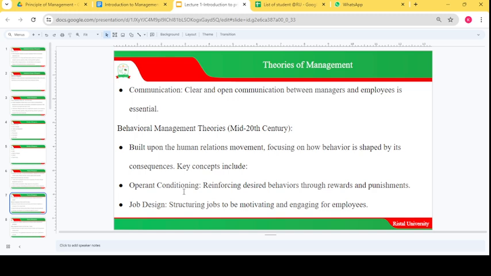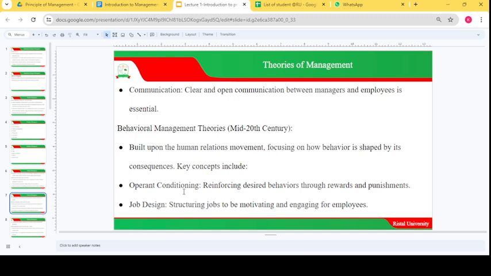Another theory we have is behavior management theory, which was formed in the mid-20th century. Under it, we build upon the human relations movement, focusing on how behavior is shaped by its consequences. So here are the key concepts that we can look at. We have operant conditioning, reinforcing desired behaviors through rewards and punishments.